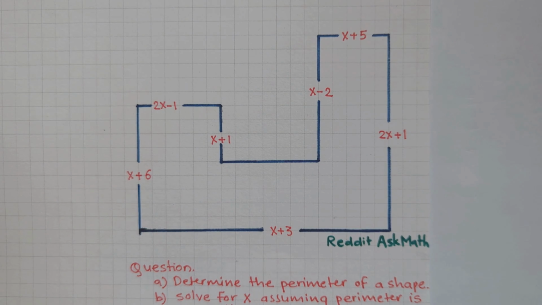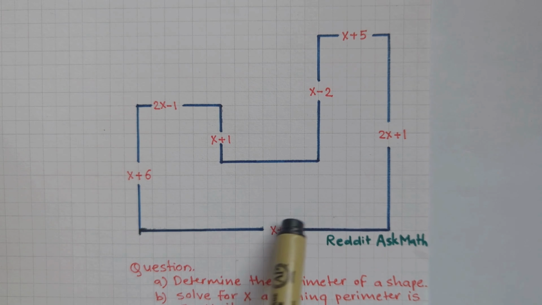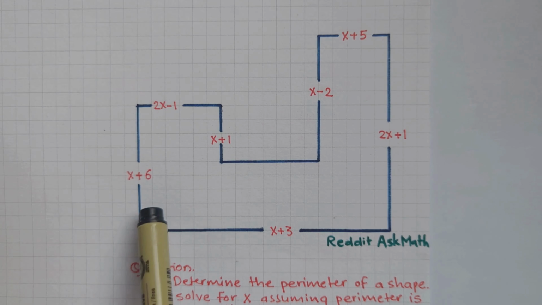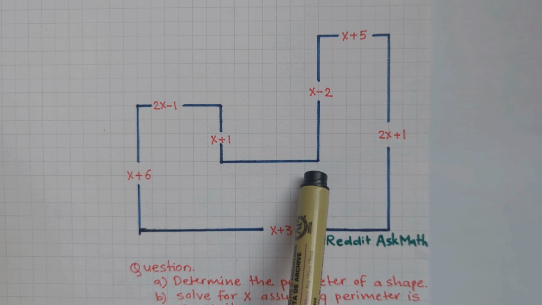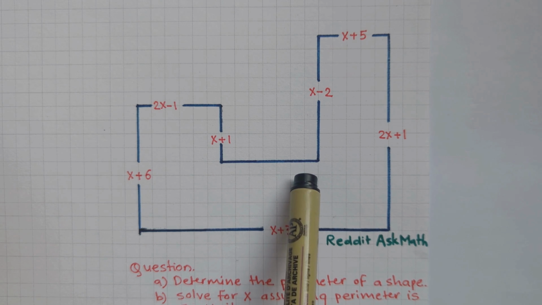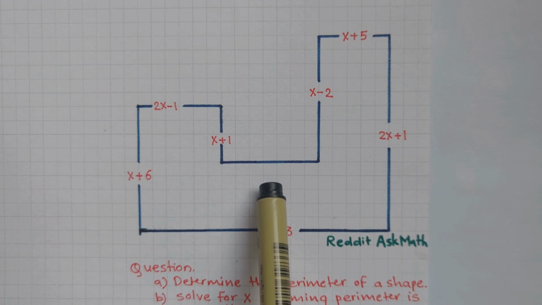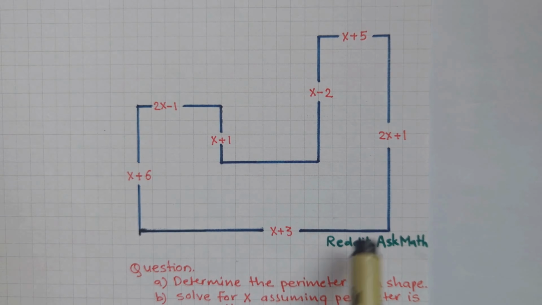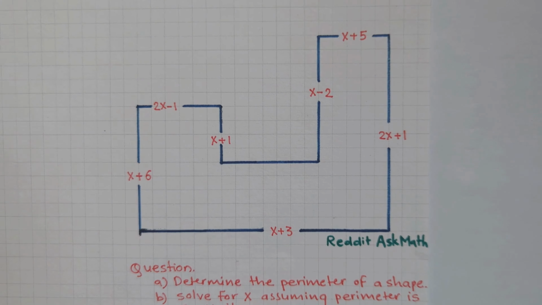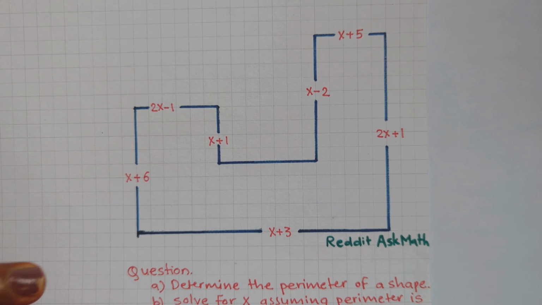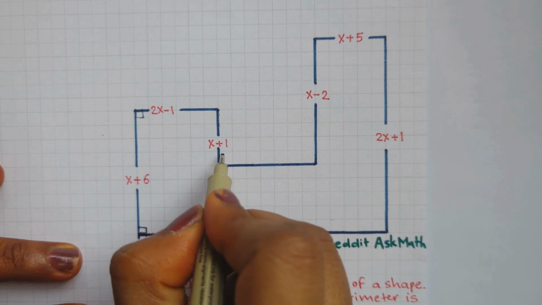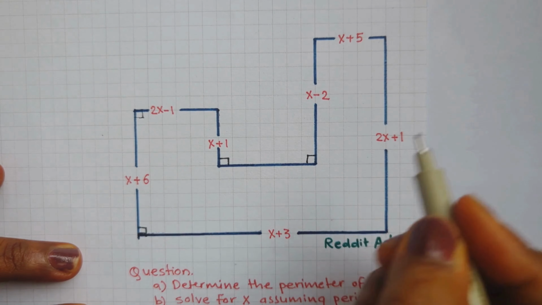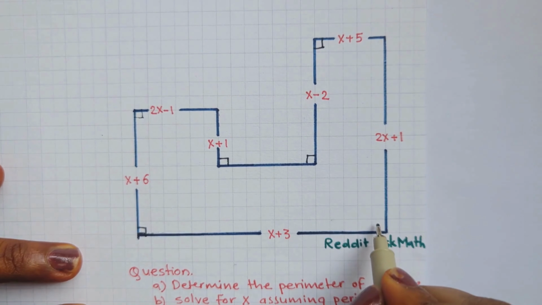In general mathematics, we are not supposed to assume the length, angle or dimensions, but here, because the shape is not provided with that, it would appear that this particular shape is rectilinear. That means it is fine to assume that all these angles are right angles. So let us just draw that for clarity.